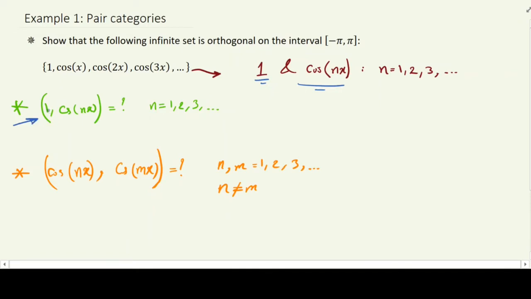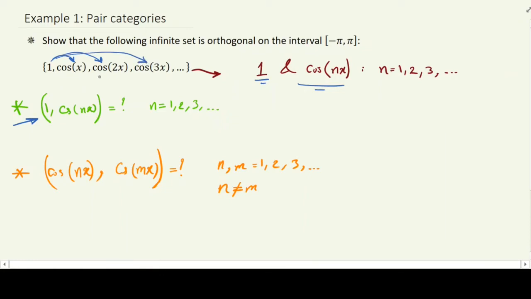So the inner product of 1 and any member of cosine nx for n equals 1, 2, 3, etc. That means you can have 1 as one of the functions and cosine x, for example, as the other function. Then you would need to find the inner product of 1 and cosine x. Similarly, you can have 1 and cosine 2x, or you can have 1 and cosine 3x.